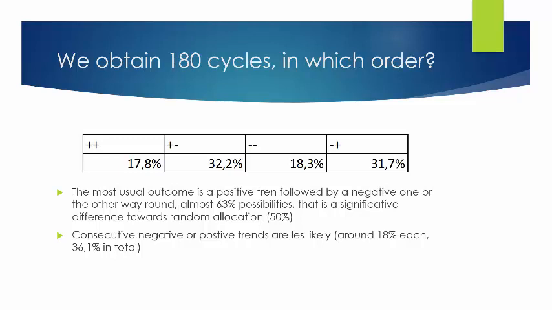As you see here, the data suggests that this is true. A positive trend followed by a negative has a 32% probability according to our sample. And in the case of negative followed by positive it is 31. So that means it's almost 64% probability, and randomly it would be 50. So this is something that is, I think, quite interesting.